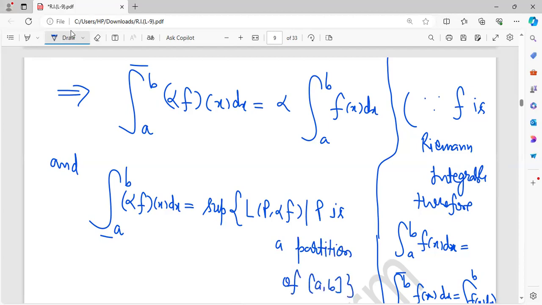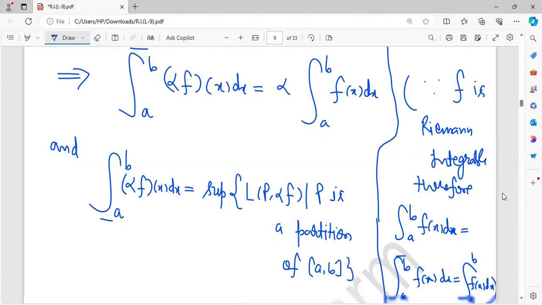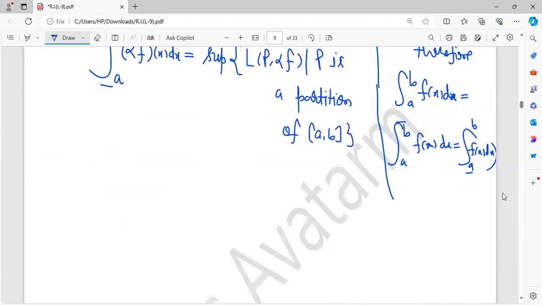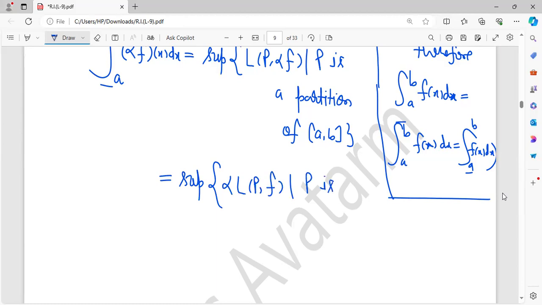Now solve it. L(P, alpha f) is nothing but alpha times L(P, f). So this is equal to the supremum of alpha times L(P, f), where P is a partition of the closed interval [a, b].